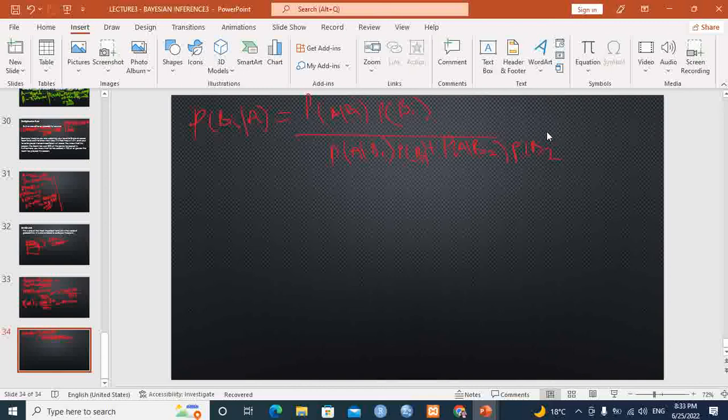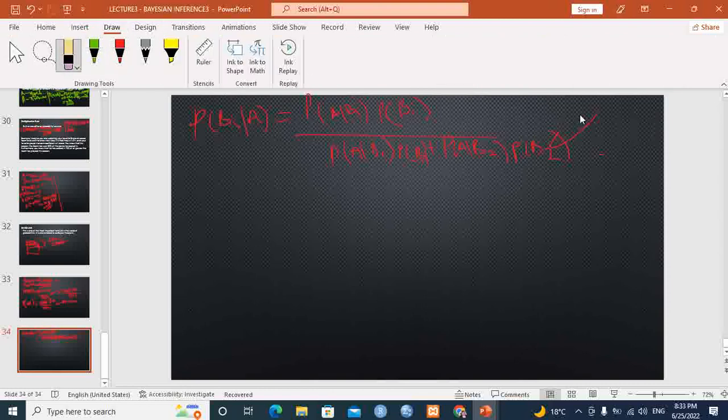Of course, this one you have seen in the law of total probabilities and so on. So this is also Bayes' law. We can take it as Bayes' law.